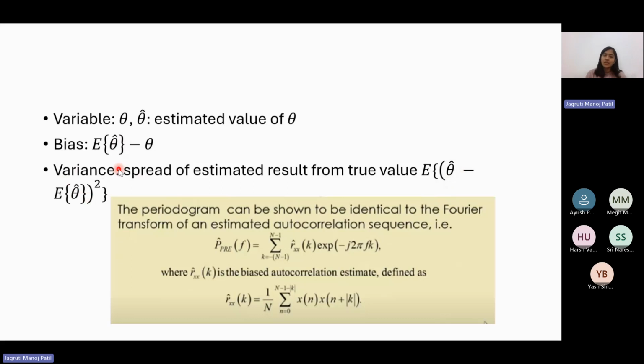So the periodogram can be shown identical to the Fourier transform of an estimated autocorrelation sequence. Initially we had this particular part, but this was our biased autocorrelation estimate. You can't actually say this is the autocorrelation function; it's the estimate of that function. So the estimated PSD is the periodogram that we have.